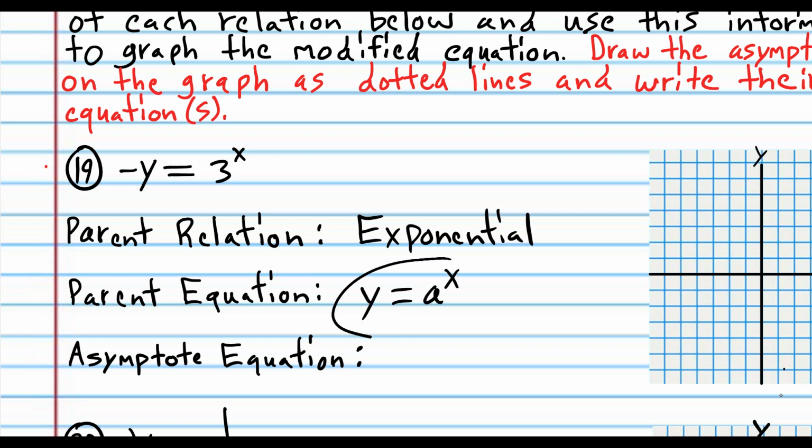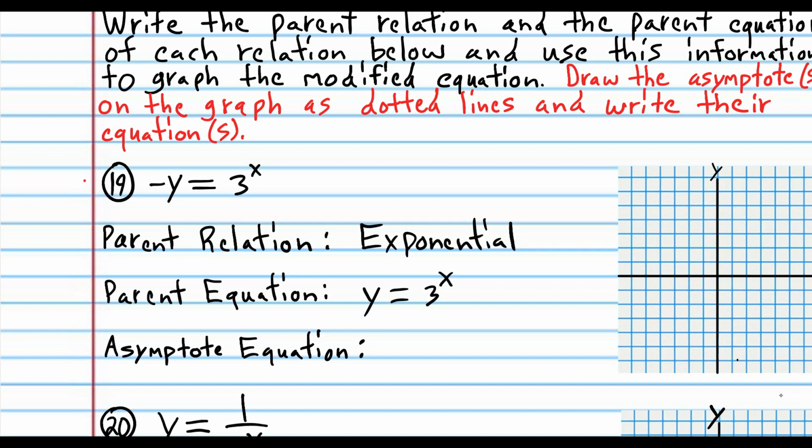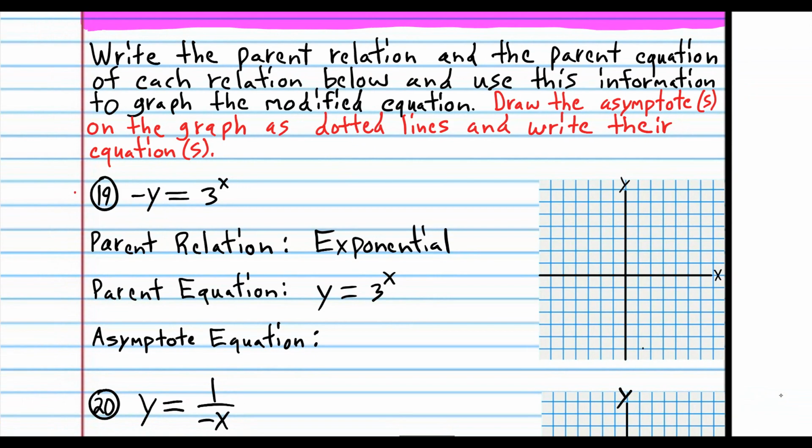That's what you see on your library, right? But obviously a is 3 in this case, so y is equal to 3 to the x. So what is different about these two equations in yellow? What's different is up at the left, y is -y. So we have a negative in front of the y. That means we're going to reflect across the x-axis.